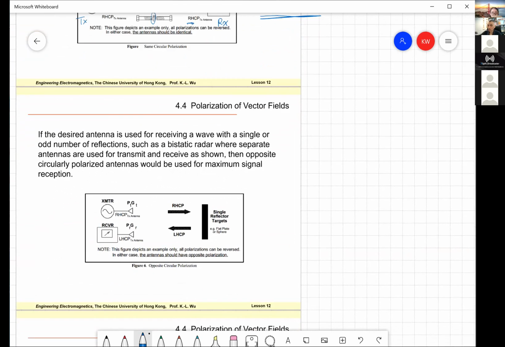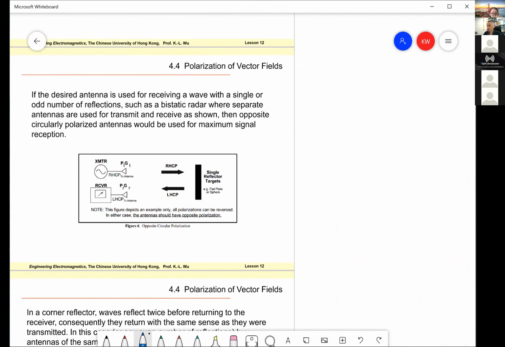And later on, when we study wave interactions with media, we will find a very interesting conclusion: when a right-hand circularly polarized wave hits a conducting wall and is reflected, the reflected wave becomes a left-hand wave.